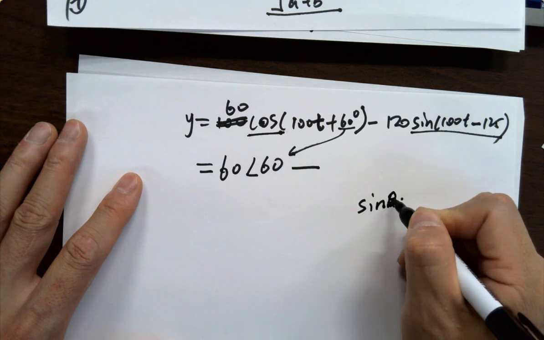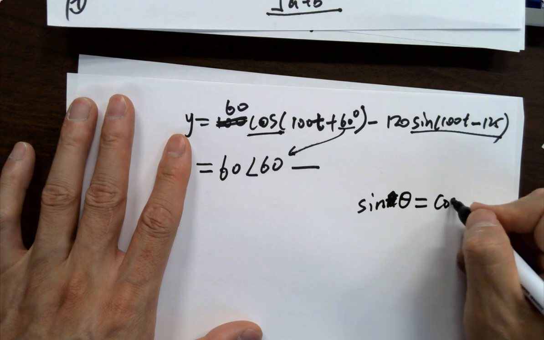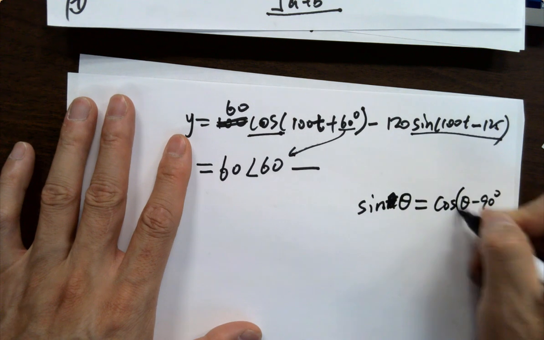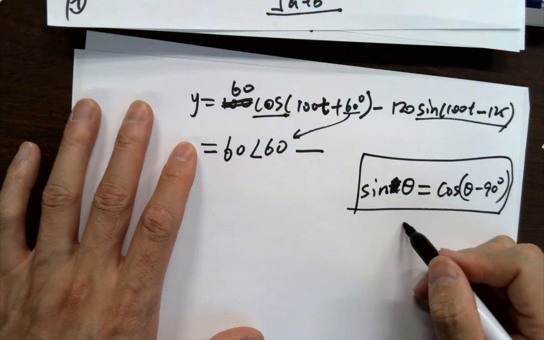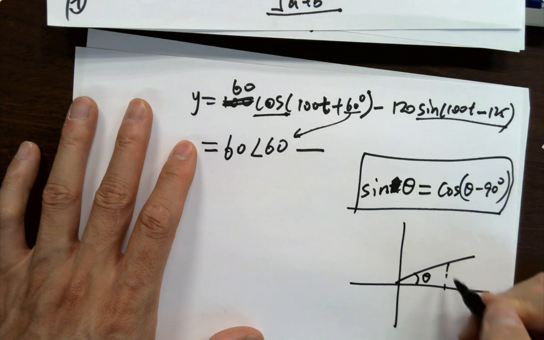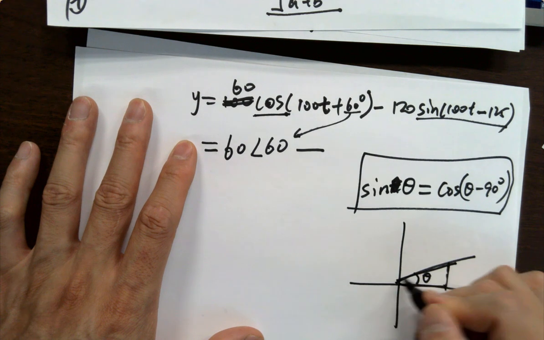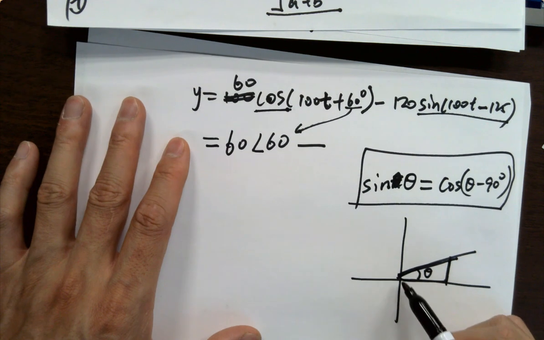theta equals what? Cosine of theta minus 90 degrees, right? Keep that in mind. We use this a lot. Why? Sine theta is this divided by this, right? You subtract 90 degrees.